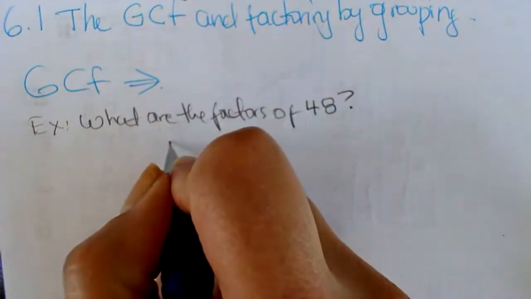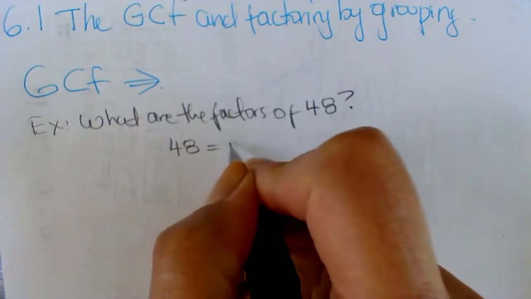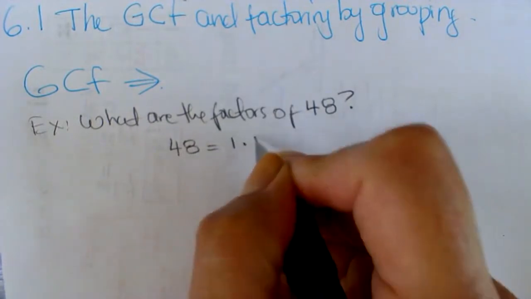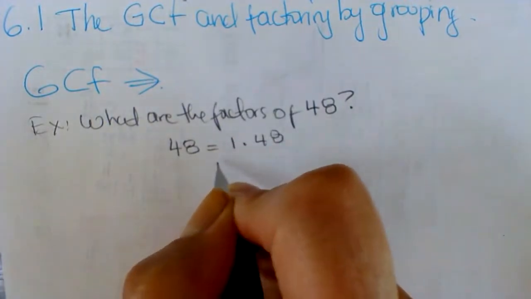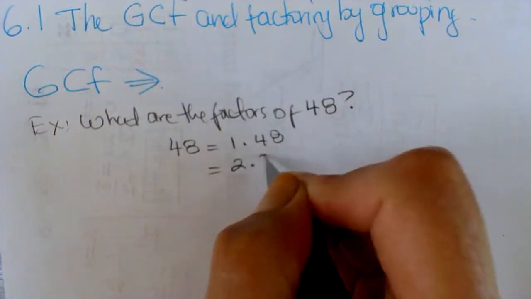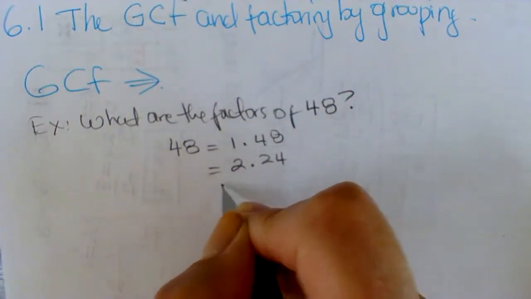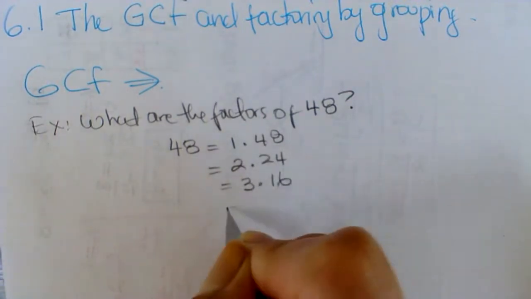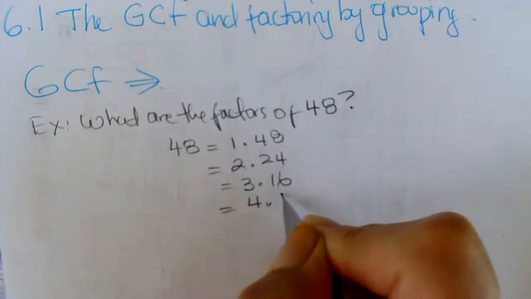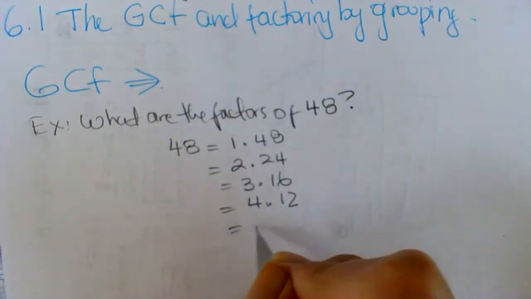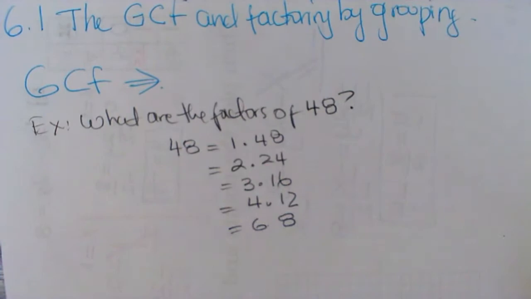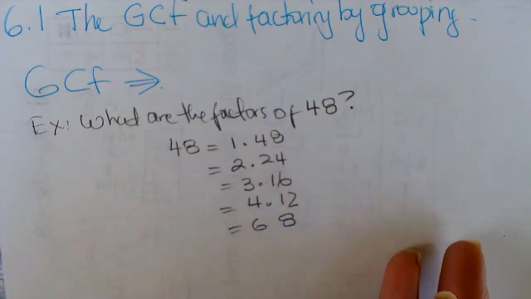So let me say 48. We will do 1 times 48. We could do 2 times 24. We could do 3 times 16. We could do 4 times 12 or 6 times 8. And there are many more factors. Okay?